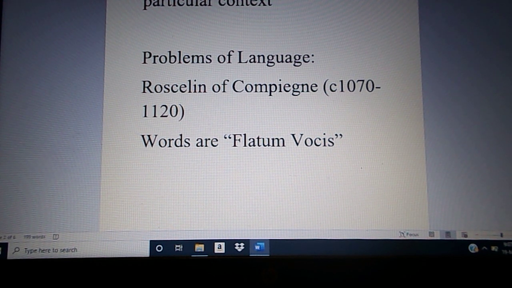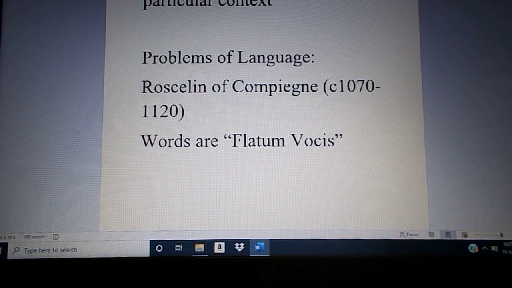It's just a word. It's a completely arbitrary, made-up word that we've assigned to a thing. And through ostensive definition, we've been able to get others to accept that that's what we're going to call it. But what is real is that particular thing in the world, not anything else. And so that's what he means when he says that words are flatum vocus. They're vocal flatulence. They're a farting out of the mouth.